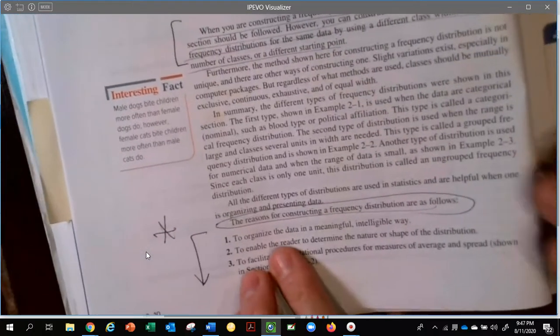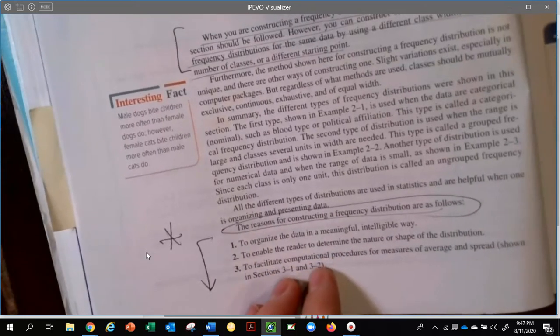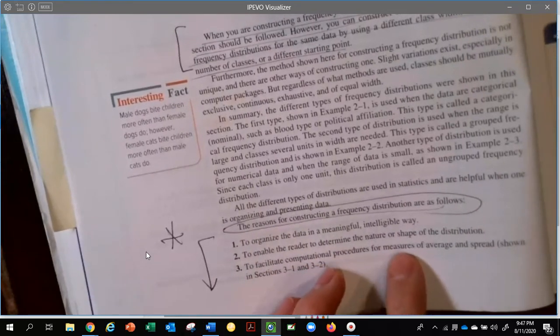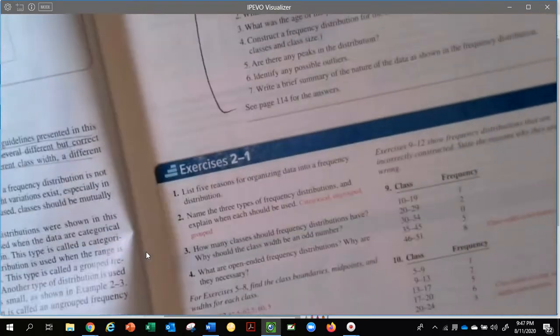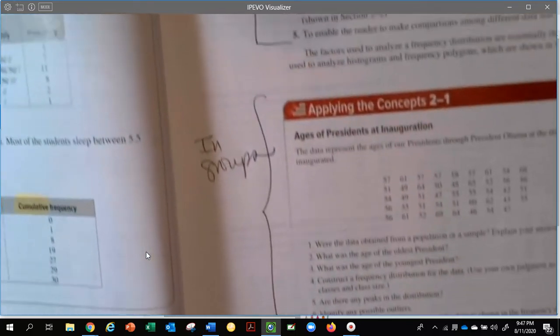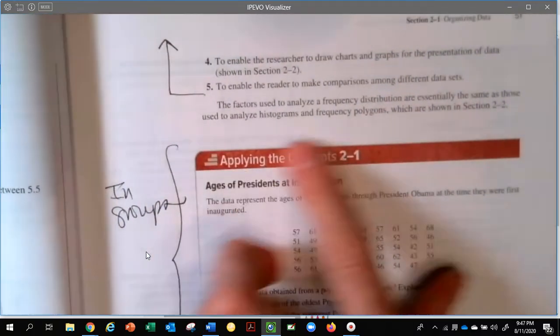Also, it's going to enable the reader to determine the nature or shape, which is part of the order, and to facilitate computational procedures for measuring average and spread, and we'll talk more about those throughout our semester. And finally, to enable the researcher to draw charts and graphs for the presentation.